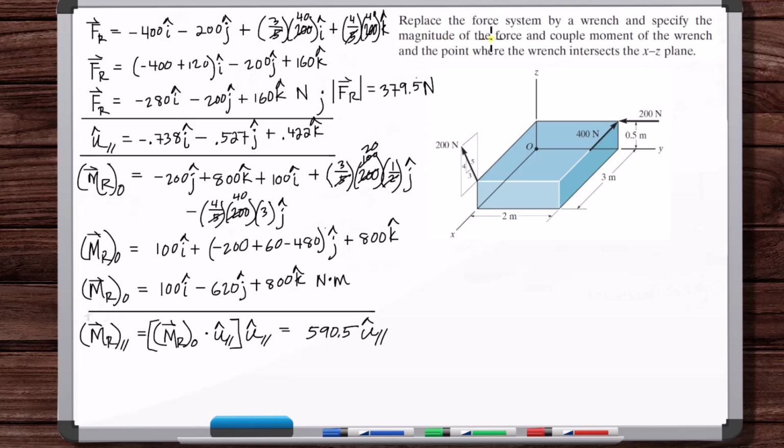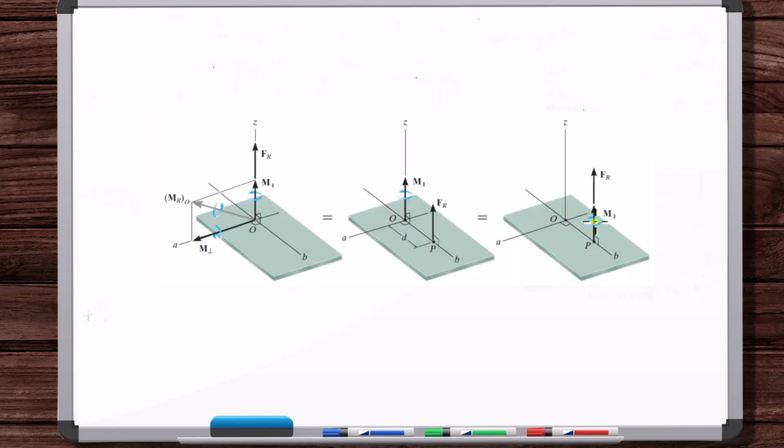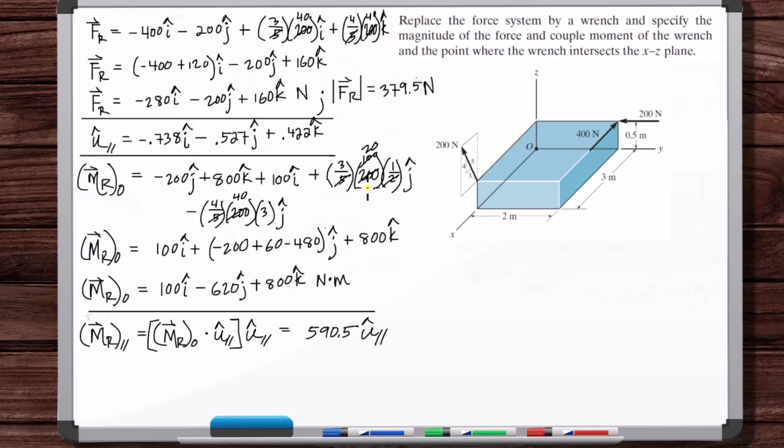And that's one of the things that the question asks us. What is the magnitude of the force and couple moment of the wrench? Well, for the wrench, the magnitude of the couple moment on the wrench is M parallel, right? That's how you create the wrench. So that's going to be one part of our final answer.